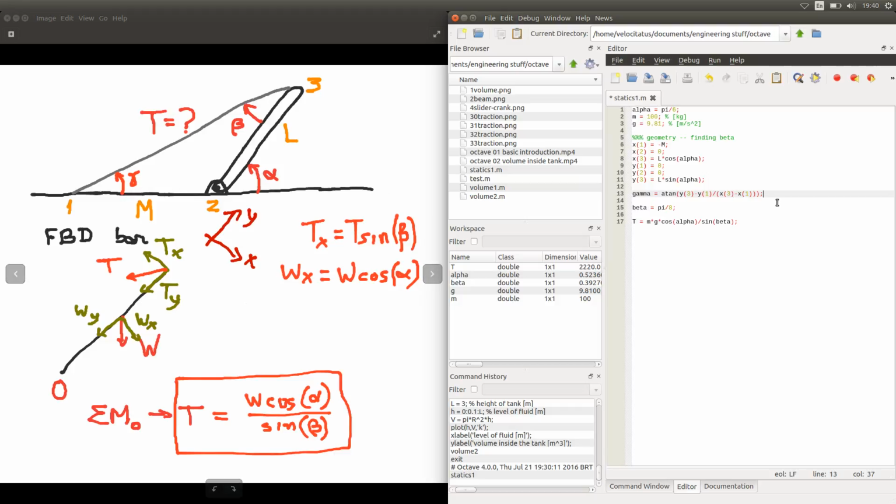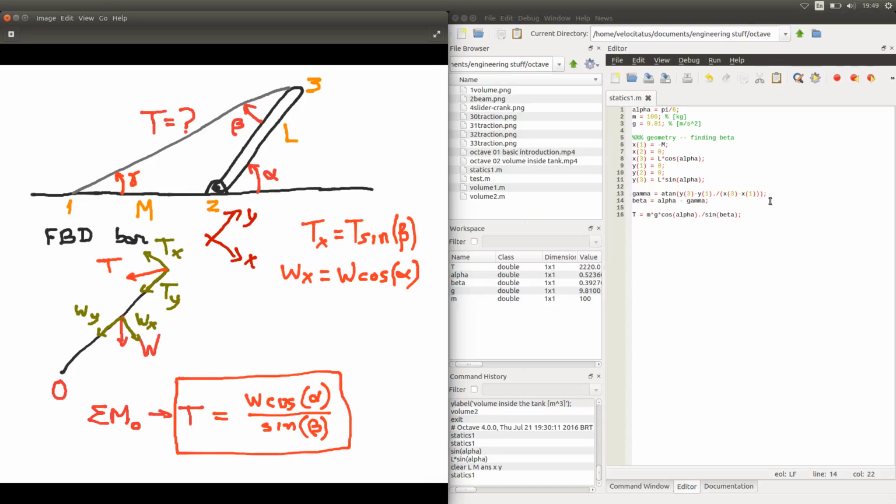So beta is alpha minus gamma, because it would be pi minus alpha minus gamma, so pi just vanishes from there.